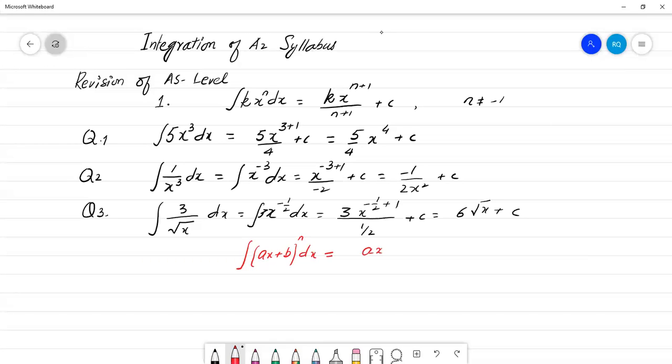The terms within the whole power remain as it is. You have to add 1 to this power and divide it by the new power. And you have to multiply by the derivative of the terms within the whole power. So the term within the whole power is ax plus b. Its derivative is a, and plus c. And in the same case, you have to apply n is not equal to -1.